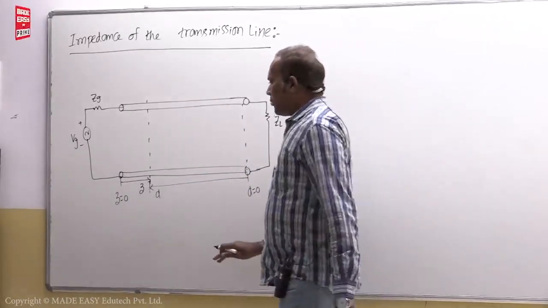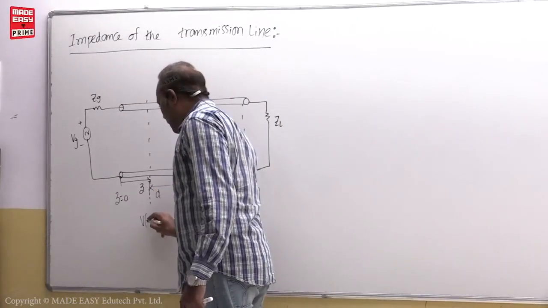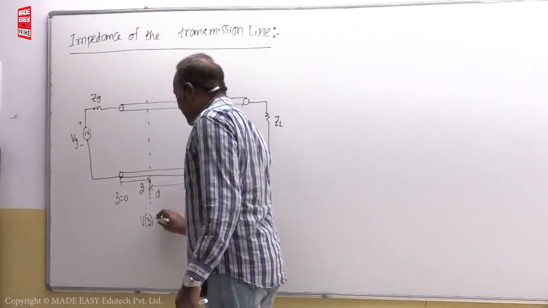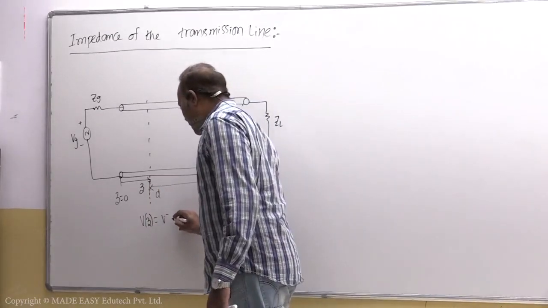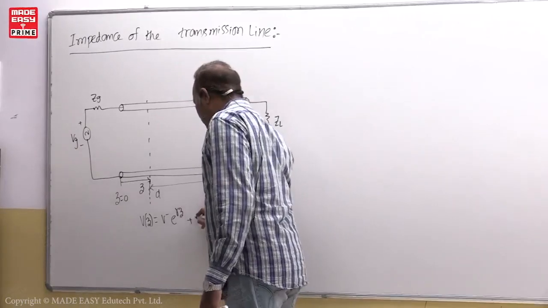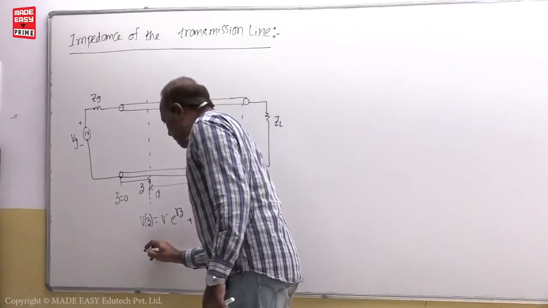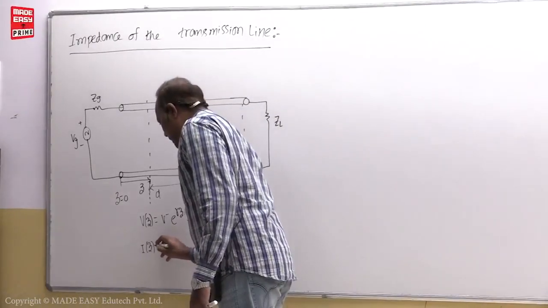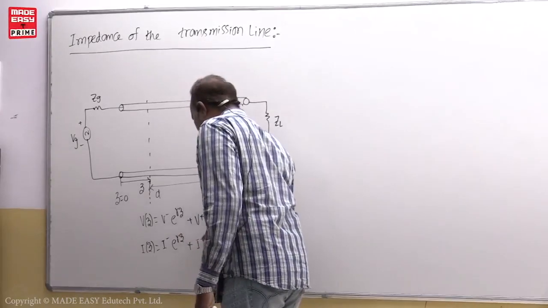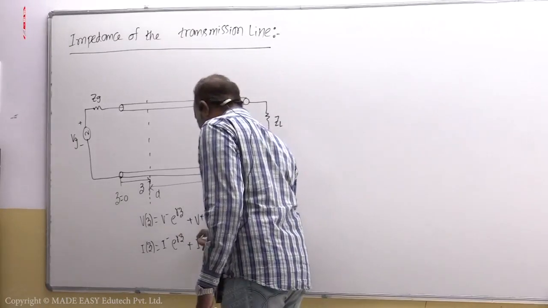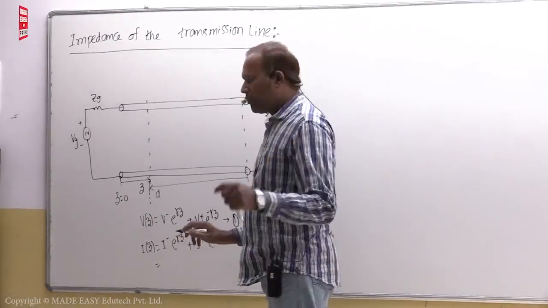Okay. So anyway, dear students, can you tell me what is the voltage equation at Z distance on the transmission line? Already we have written. That is nothing but V minus e power gamma Z plus V plus e power minus gamma Z. This is equation number 1. Similarly, can you tell me what is the current equation at Z distance? I minus e power gamma Z plus I plus e power minus gamma Z. So let us write I minus and I plus in terms of V minus and V plus.